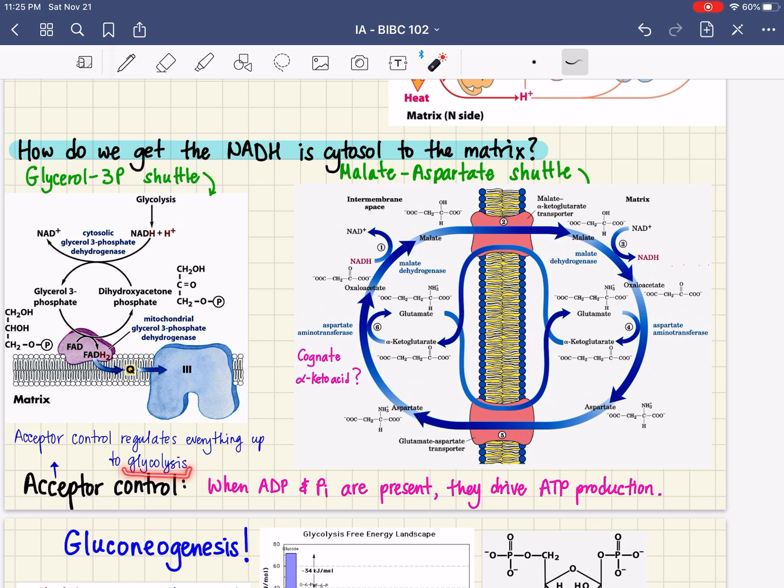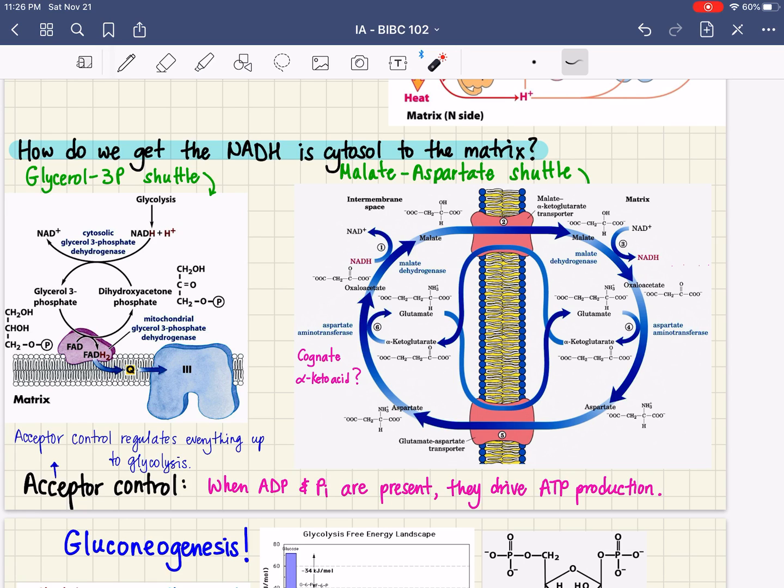to glycolysis. So let's go through that verbally because I have no space to write here. If there is no ADP and phosphate, or ADP and phosphate are low, then ATP production will stop or decrease. ATP synthase activity will decrease. The electrochemical gradient will decrease.